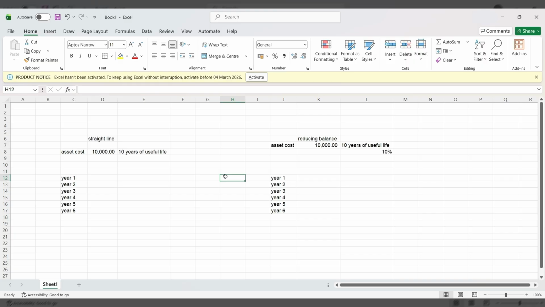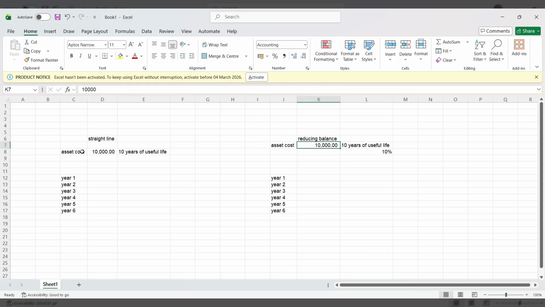There are two different ways of depreciating an asset depending on what policy a company uses. One of them being straight line, and the other one being reducing balance. I'm just going to look at the straight line example first and how to work it out. I've used very round numbers to make this easy.